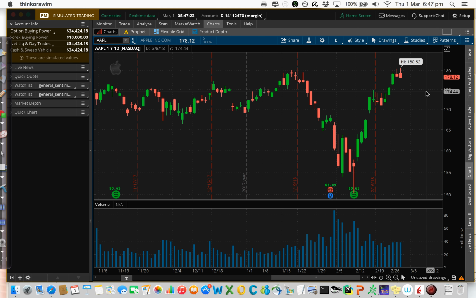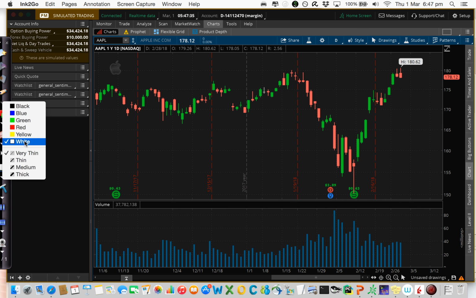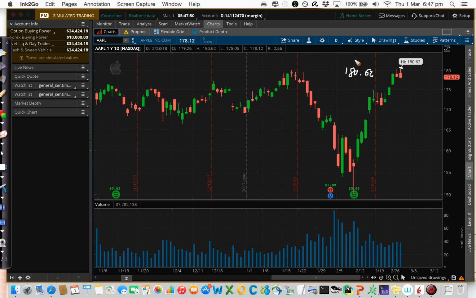So if the price is going at 180.62 or more, and maybe I can also put a limit. So I want to buy if the price is going from 180.62 to 180.72. So which type of order do I need to use here?